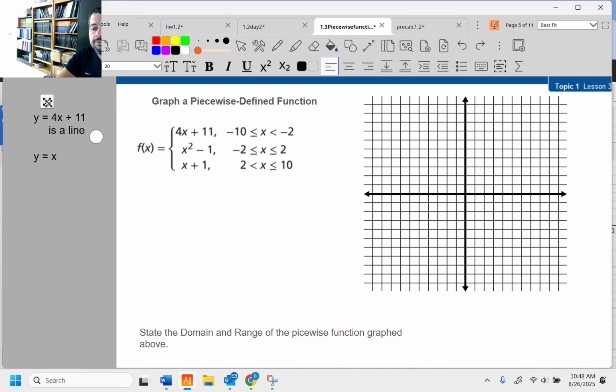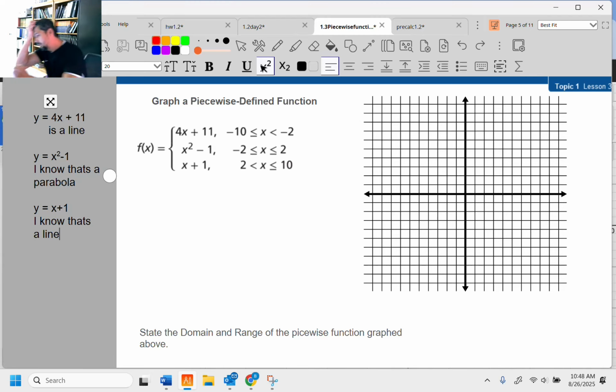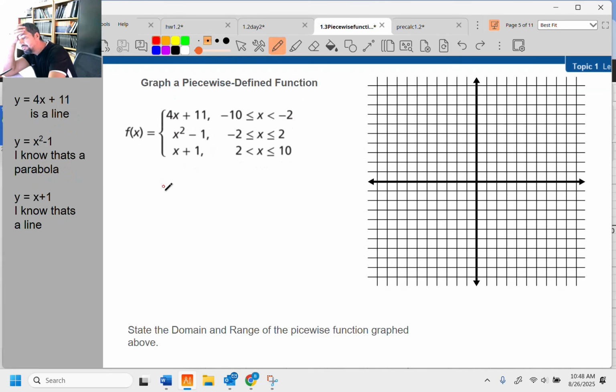When I see y equals x squared minus 1, I know that's a parabola. Okay? And when I see y equals x plus 1, guess what? I know that's a line. All I need to do is make a table. Plain and simple, make a table. So I'm going to make some tables. And then I'm going to draw what I know it looks like.